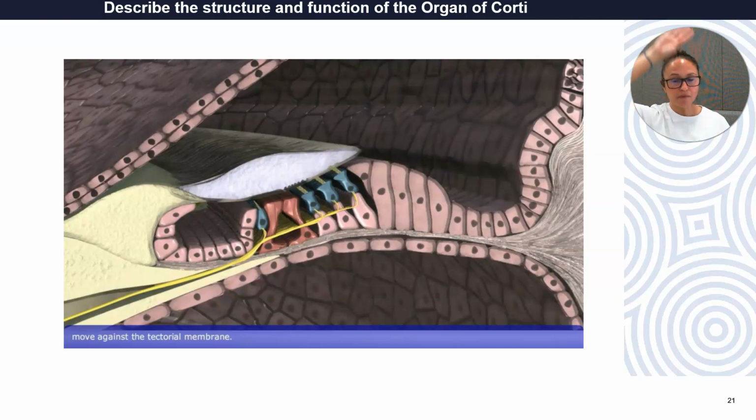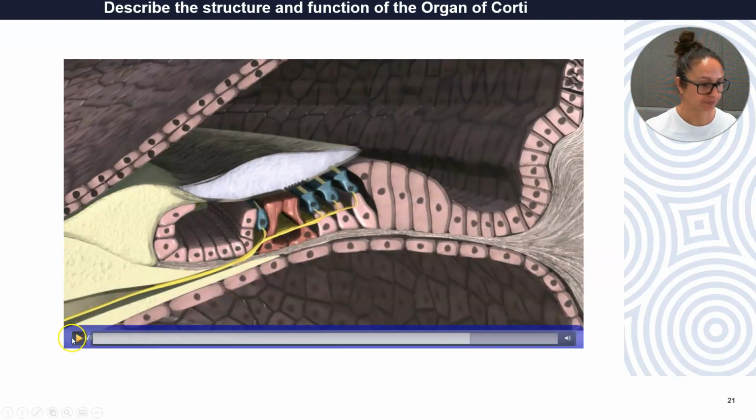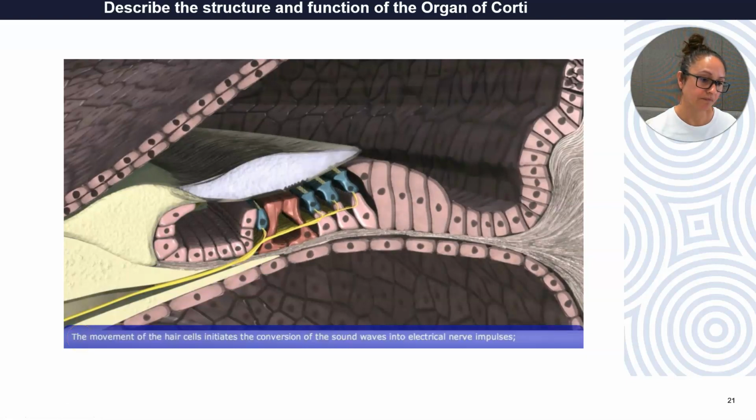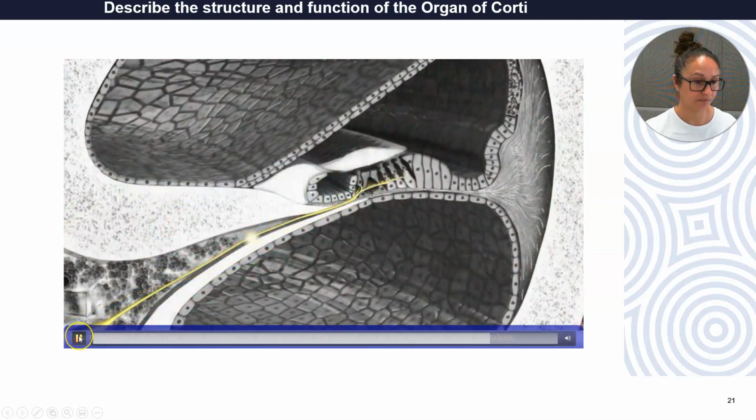So when the basilar membrane moves, the hairs push up against this tectorial membrane, which is stiff. And when they push up, they bend. And when the hair cells bend, that's when they send action potentials. The movement of the hair cells initiates the conversion of the sound waves into electrical nerve impulses.